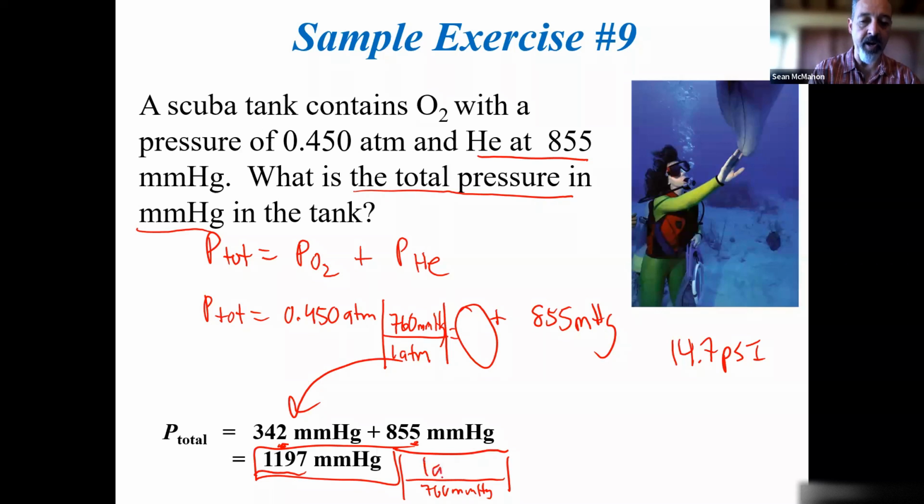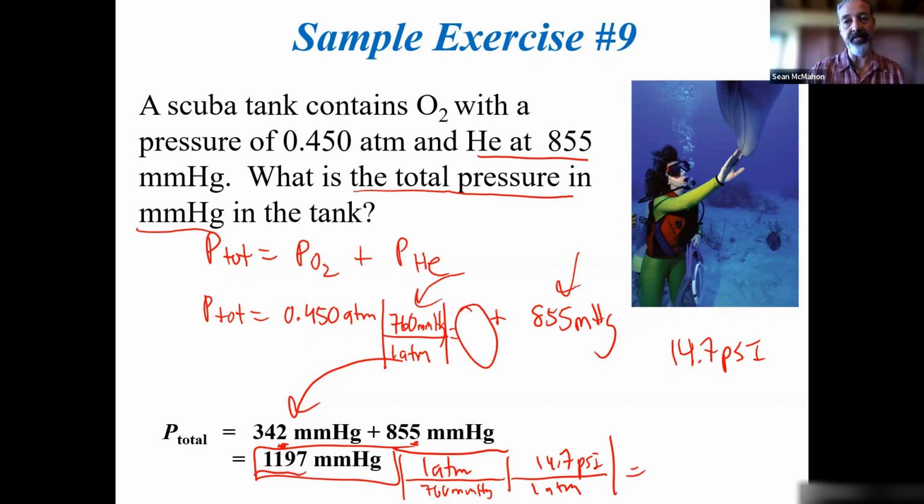Or you could go the long route, 1 ATM, and then 1 ATM, 14.7 PSI. So that would give you your total pressure in PSI, okay? And you could have done that in the prior step too.